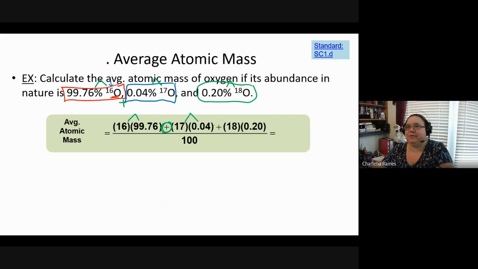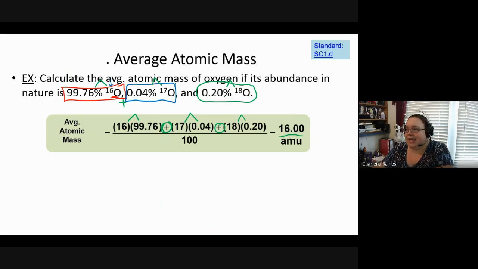So percent times mass, I don't have to change any numbers. Percent times mass, there's only 3 isotopes, so I put them all over 100, and my calculator gives me 15.99, I think it's 6, or 15.997. Well, I said to round it to 2 decimal places, so if I take 15.997 or 6, whichever it is, and I round it to 2 decimal places, that gives me exactly 16.0.